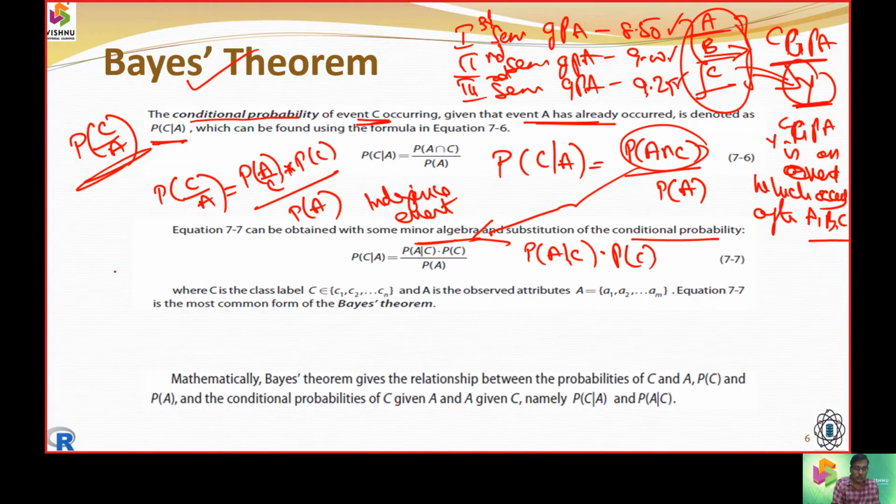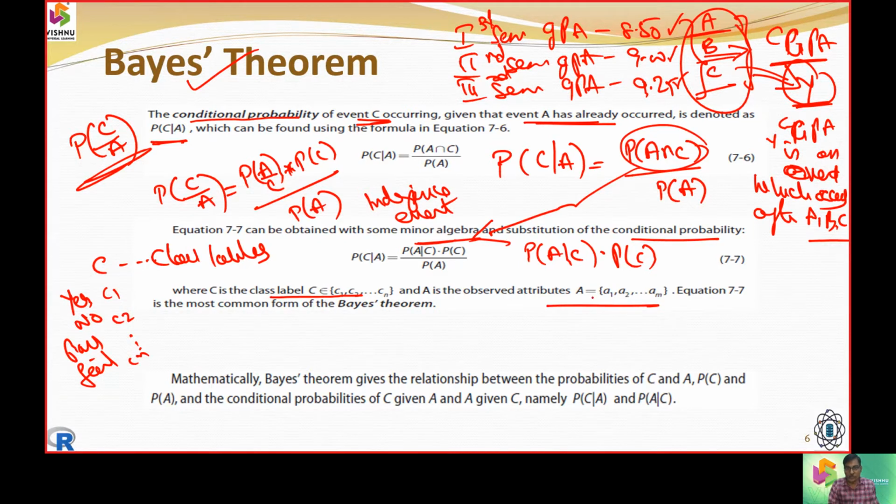Now what we are going to say is that C is going to be the class labels. Class labels can be yes, no, pass, or fail. All these elements we are going to call class labels, C1, C2, etc. up to Cn.